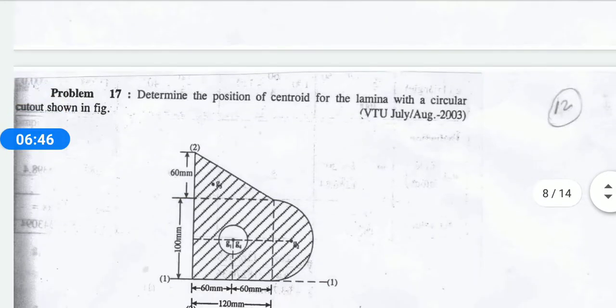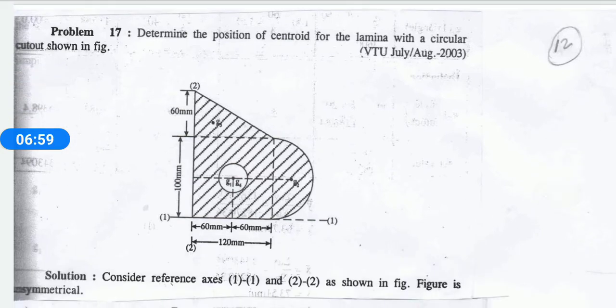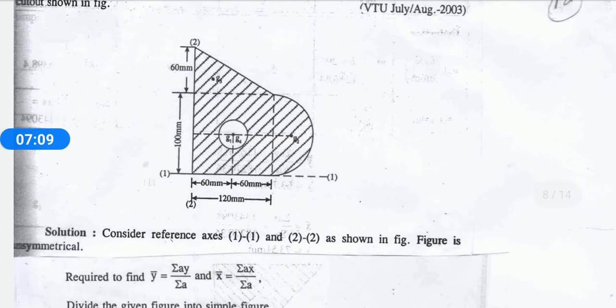So consider one more problem now. This is somewhat complex. We had seen different types of problems before, but all the detection part was in the outer corner. But in this diagram, what is the complexity? The portion we are going to subtract is in the center position. Same thing you are going to adopt, no other worries.